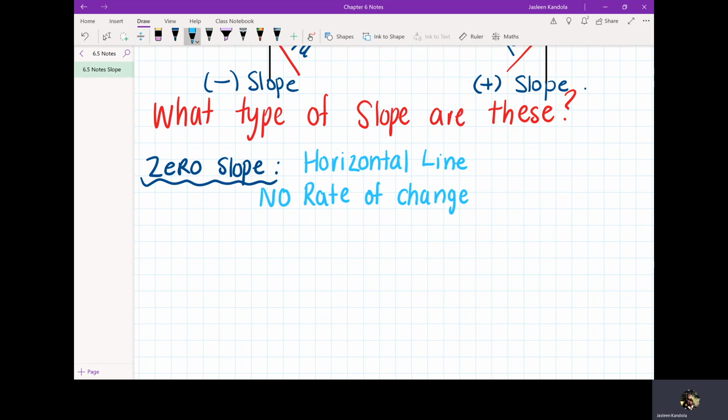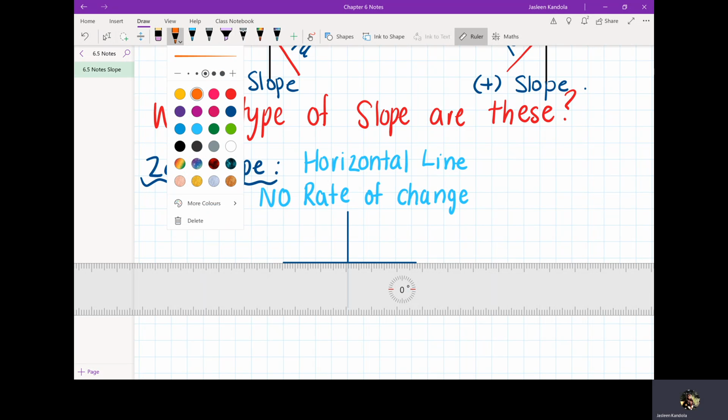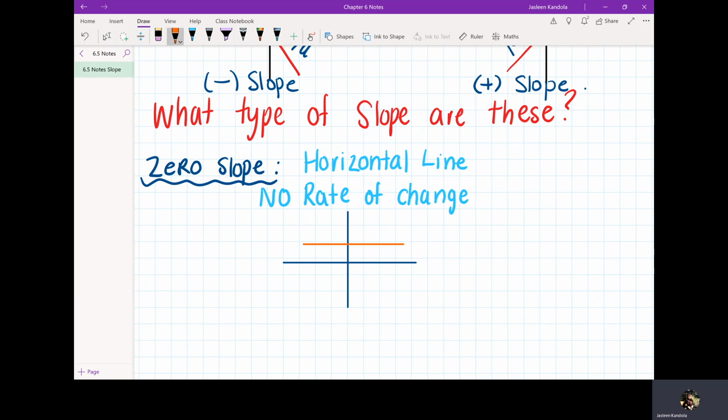As we saw in 6.1, when we have a horizontal flat line, that means that there is no rate of change. So it's a flat line. So when you have a graph like this in orange, this would mean you have a zero slope.